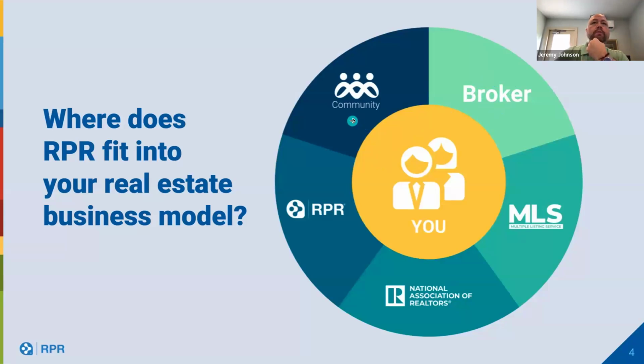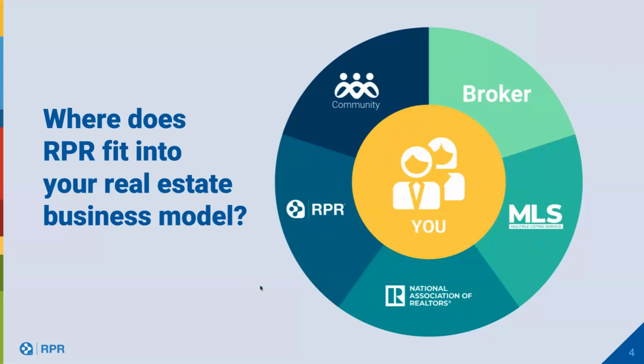Your community. Now, when we say community, we don't mean your next door neighbor. We're talking about your real estate community: appraisers, lenders, title people, lawyers. Those are the people we mean by your community. And then RPR. So when you put all this together, it makes a nice wheel of information and data.